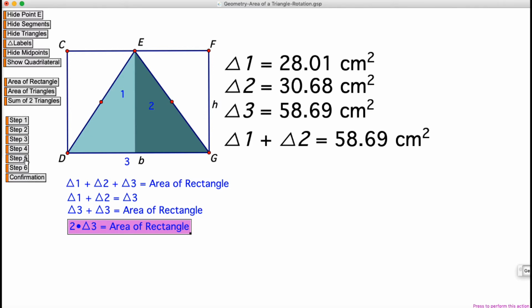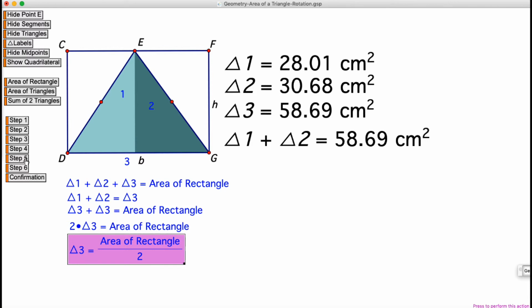Well, 2 times anything, if I'm solving it using the concept of literal equations from Algebra 1, this would be a one-step literal equation. How do I cancel multiplication? Well, I cancel that out with division. So if I divide by 2 on both sides, I get the area of triangle 3 on the left, and on the right, I have the area of the rectangle divided by 2.